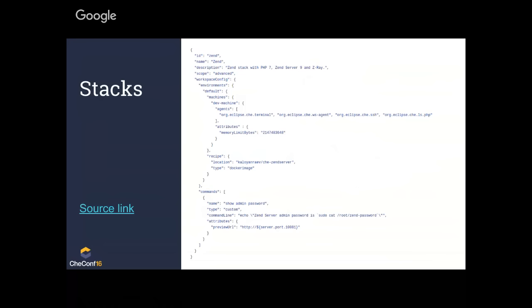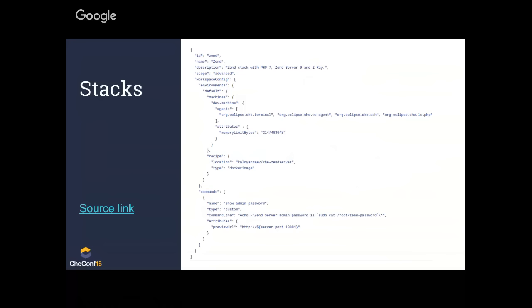And then you might want to review the list of the agents and have only those that make sense to be enabled for your stack. The workspace agent is mandatory. The terminal and the SSH agent are usually enabled for all stacks. And for the PHP stack, we also have the agents for the PHP and the JSON language servers.